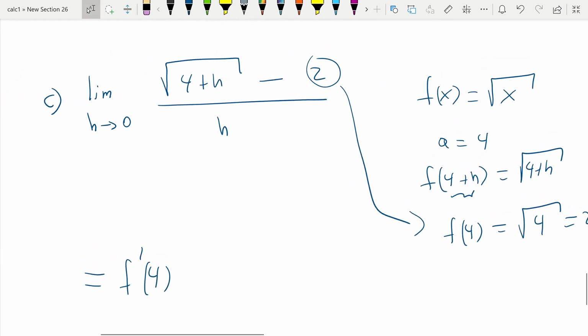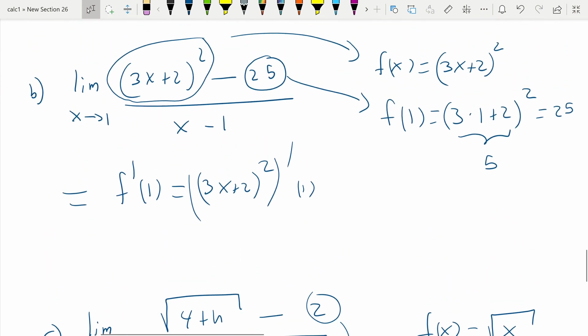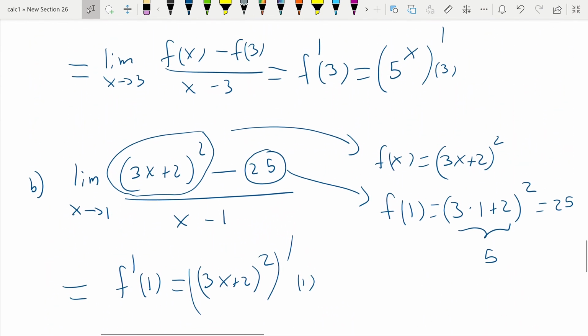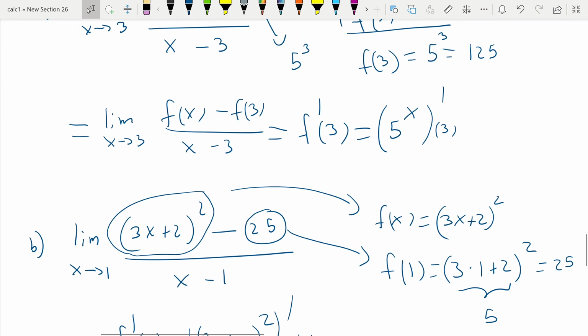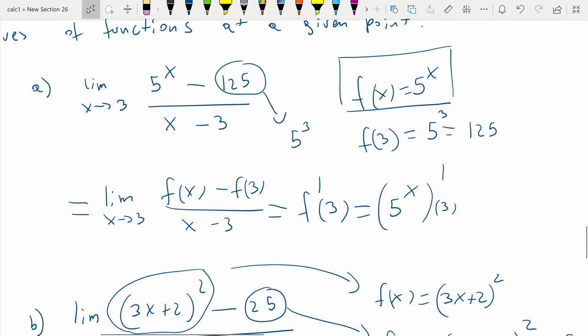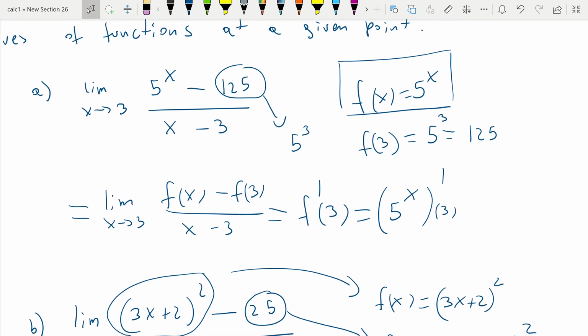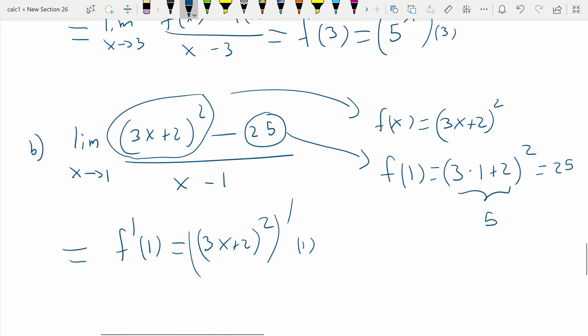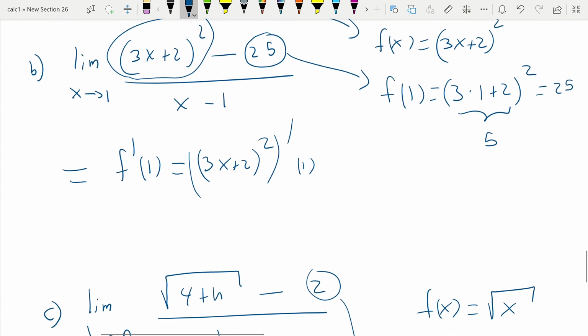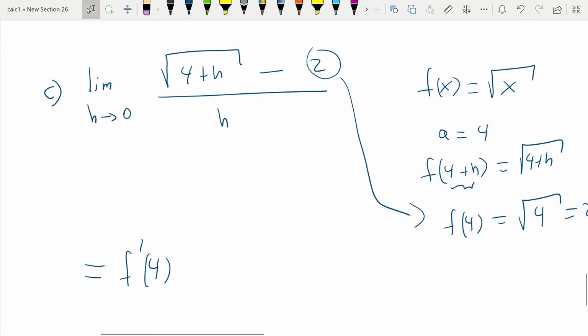And this is just a matter of recognizing that some limit is a derivative of some expression. This function is actually not unique. If you add any constant to 5 to the x, or 3x plus 2 squared, or the square root of x, you're going to obtain the derivative of the same function. We'll see in the next video that the derivative of constant functions is 0.